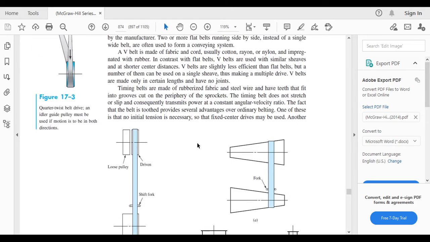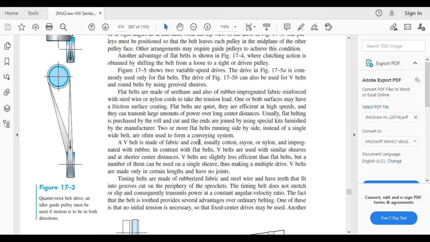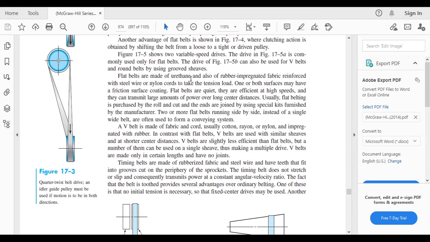Flat belts are made of urethane and rubber impregnated fabric, reinforced with steel wire and nylon cords to carry tension load.